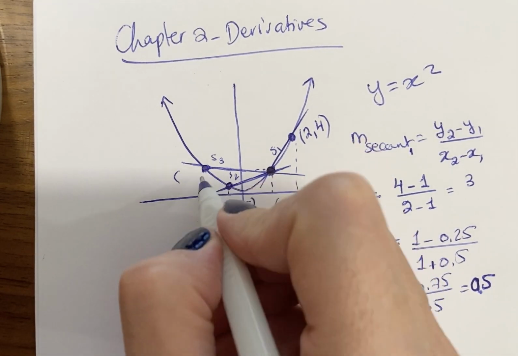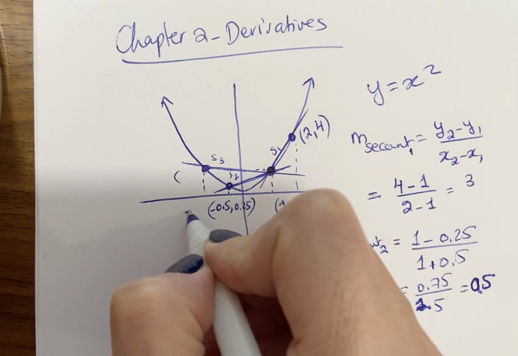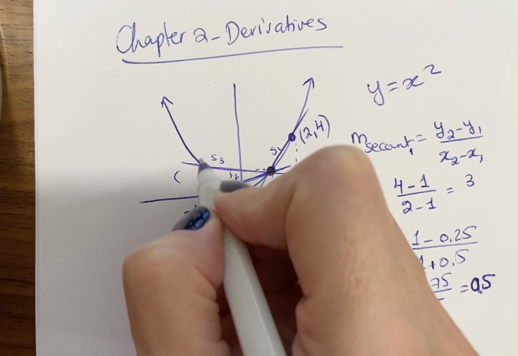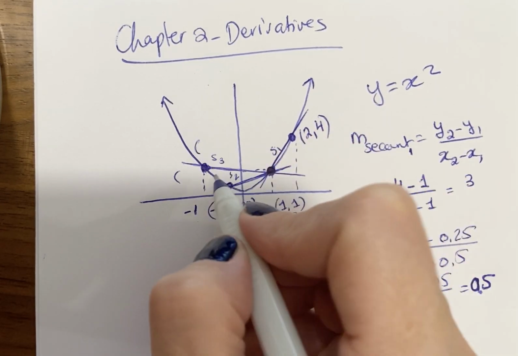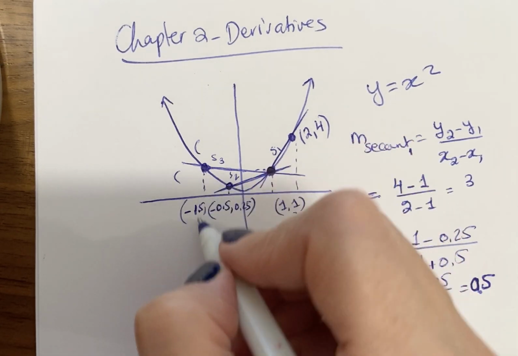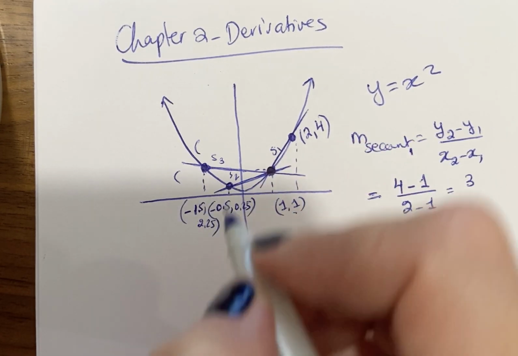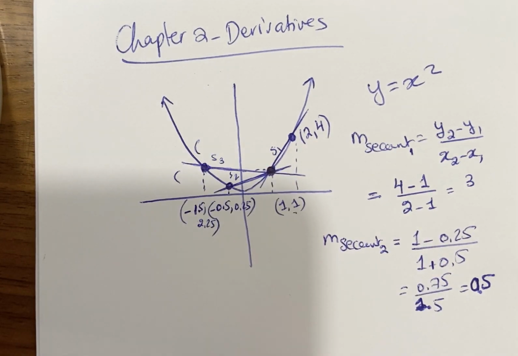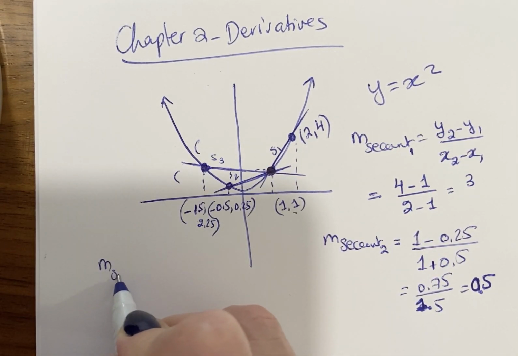All right. So here, for example, let's assume this is minus 1. What will the point be? Minus 1, and 2.25. So again, this will give me secant number 3. Will we get the same slope?